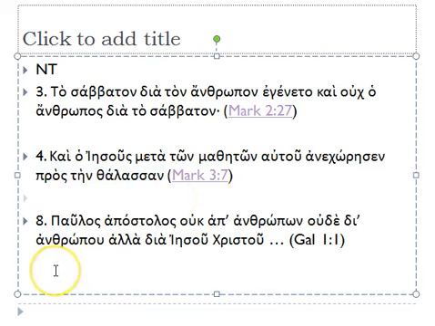And then the opening words of Galatians. Paulos apostolos, ouk ap anthropon oude di anthropou, alla dia Iesou Christou. Paul, obviously. Apostolos, an apostle. This nominative is technically in apposition to this noun. That means it is renaming Paulos. It is giving him another attribute.